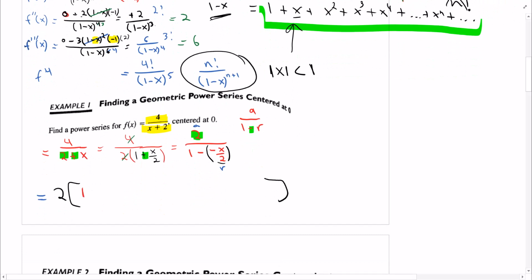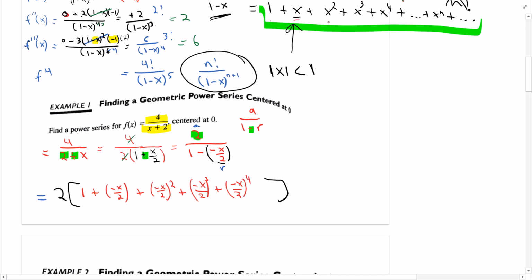So this is going to be 1 plus negative x over 2 plus negative x over 2 squared plus negative x over 2 to the third power plus, I don't know how far we need to go, negative x over 2 to the fourth, right?